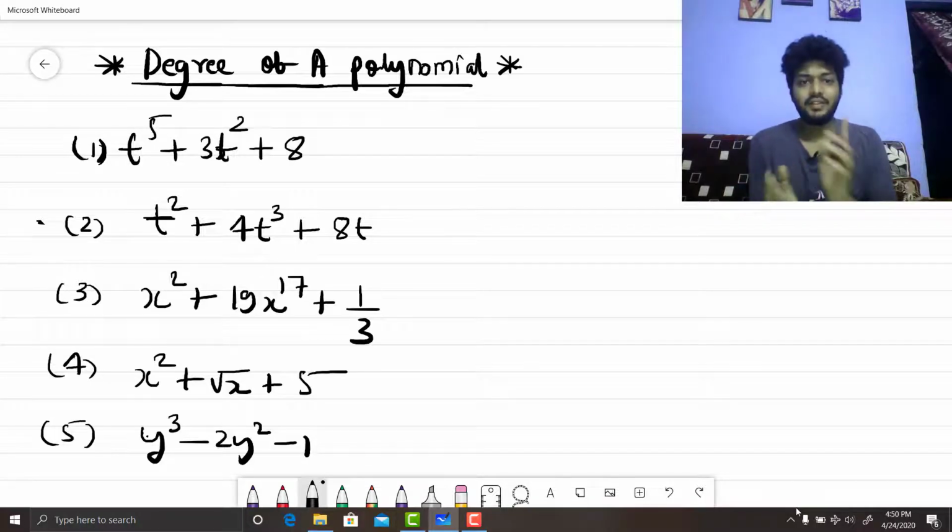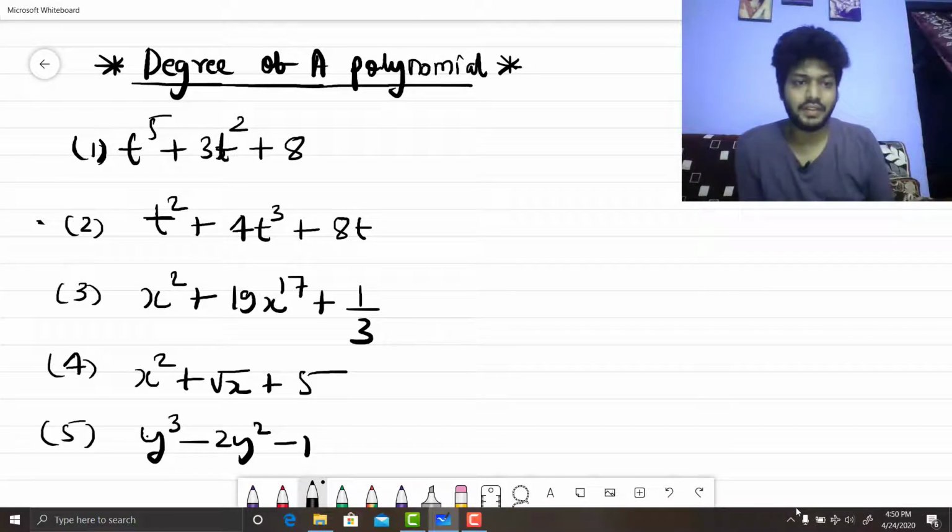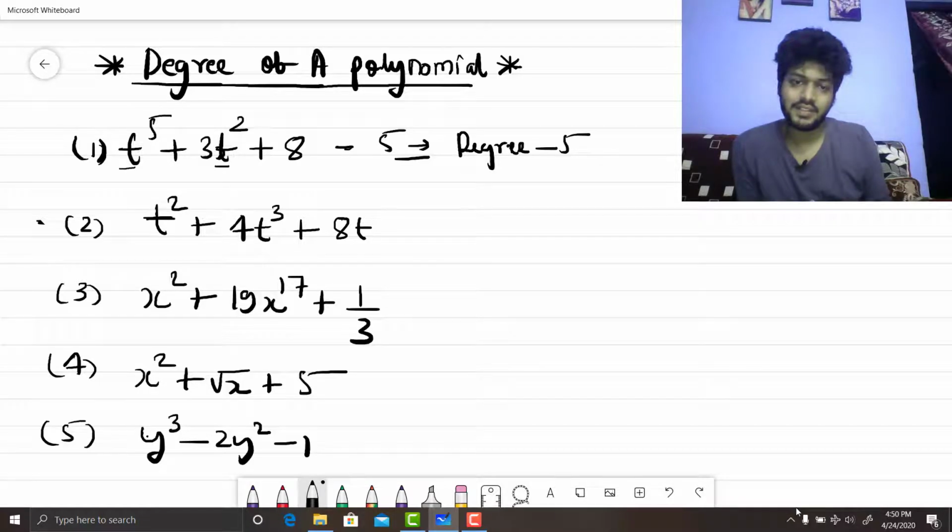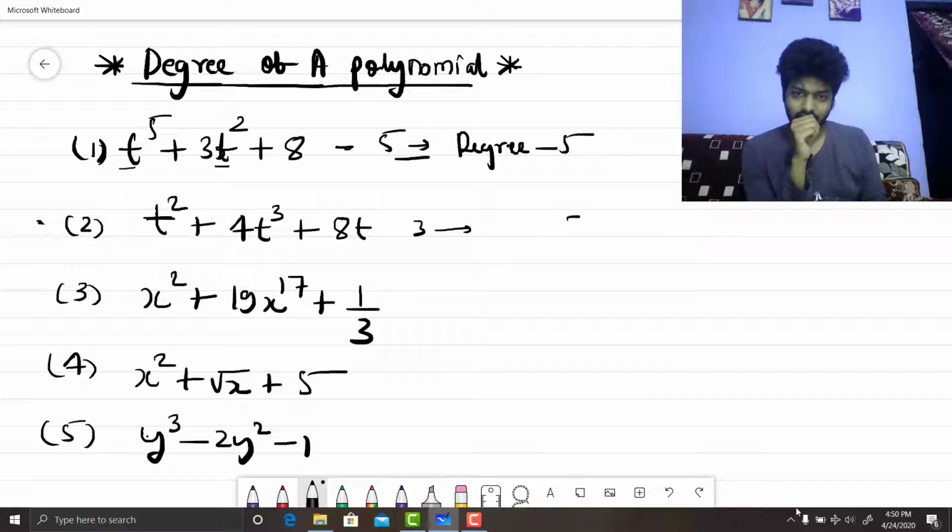To find the degree of a polynomial, we have to see the highest power of the variable. First of all, check the variable. It is t, and what is its highest power? 5. Therefore its degree is 5. Now here the highest power is obviously 3, so the degree is 3.